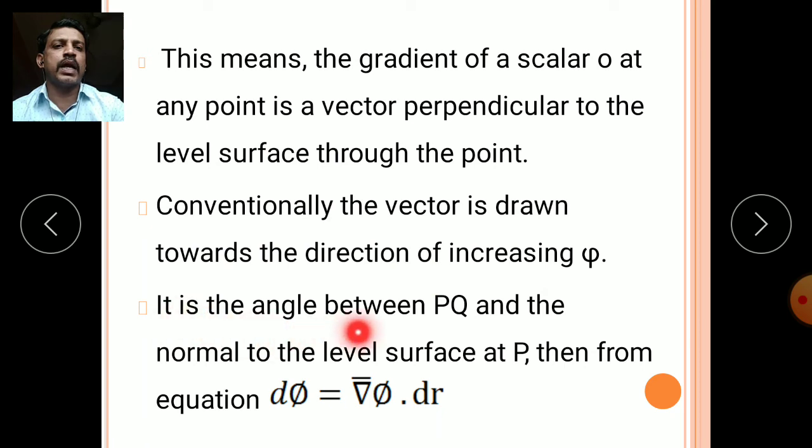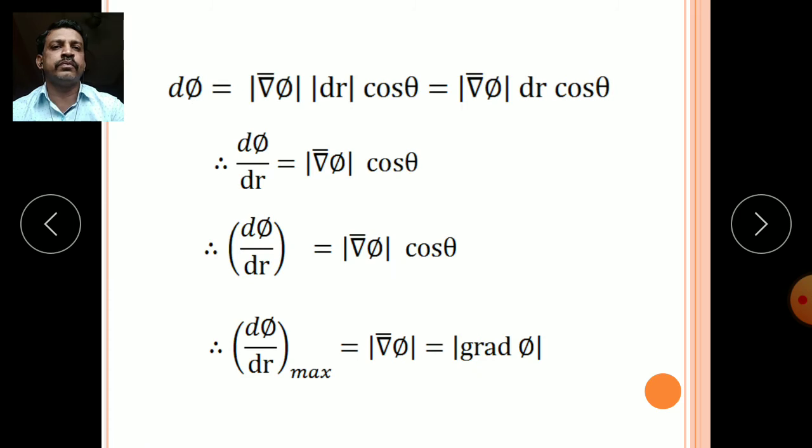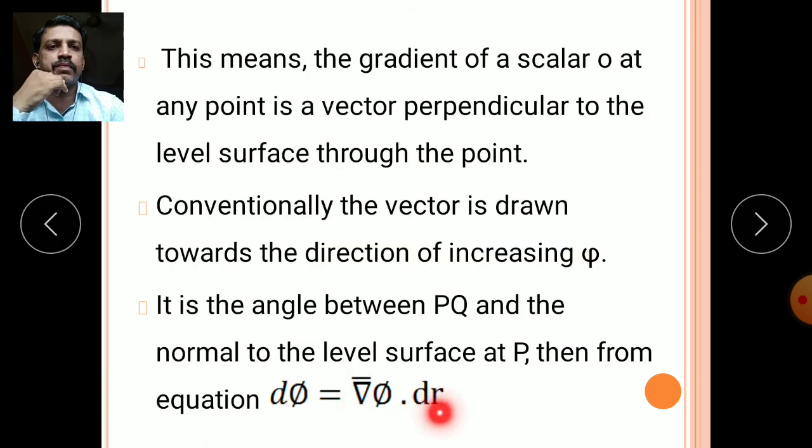Let theta be the angle between PQ and the normal to the level surface at P. Then from the equation d phi equal to del phi dot dr, d phi equal to del phi dr cos theta, that is the dot product between these two things.